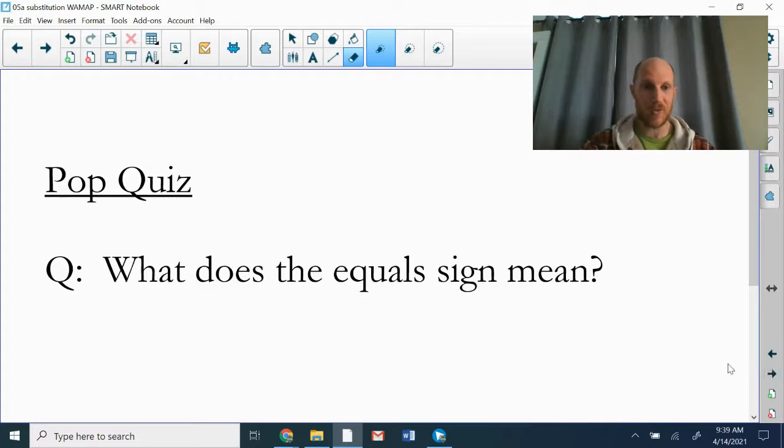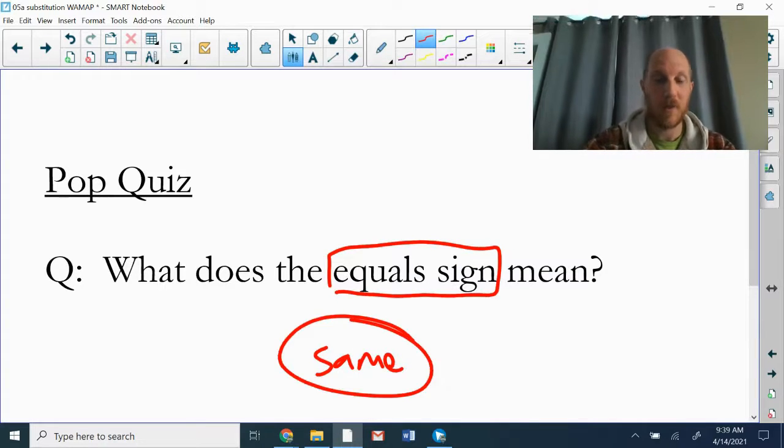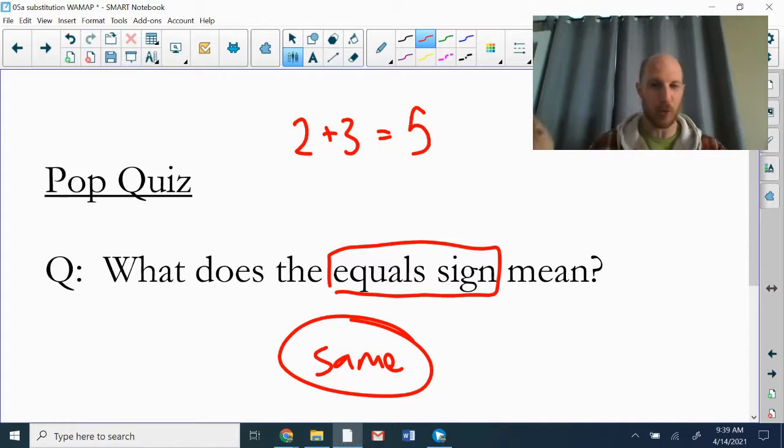So I'm going to use this opportunity as a pop quiz. What does the equal sign mean? Equal sign, you're right. Equal sign means same. For example, if you had 2 plus 3 equals 5, I know a lot of times we think, oh, the equal sign means that's where you find the answer.